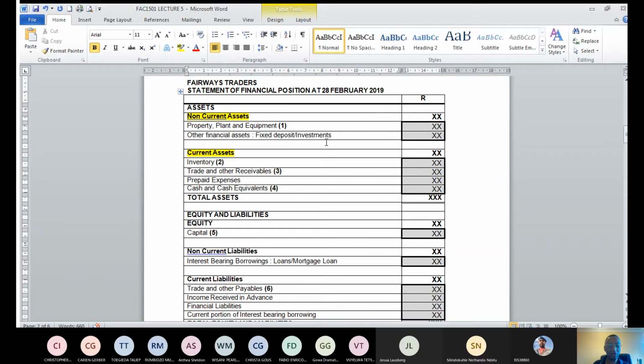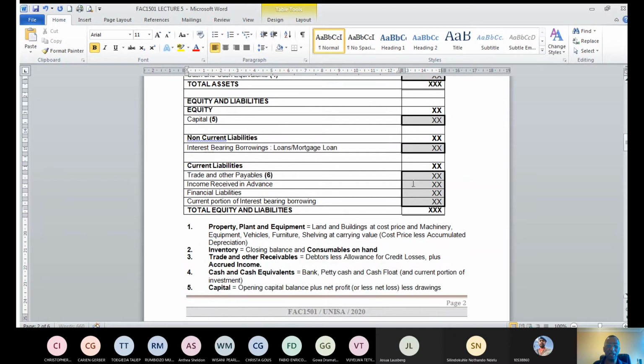So when you must do now the statement, you will now in brackets here calculate what is the value then of your property, plant and equipment. And I refer you to note number 1 at the bottom, where I've explained to you that property, plant and equipment is equal to the value of your land and buildings, and normally that will be at the cost price, plus any other property, plant and equipment.